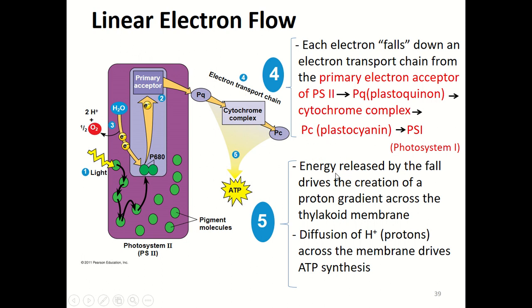Energy that is released by the fall of the electron will create a proton gradient, from high concentration to low concentration, and then after all the electrons are transported, this part inside the lumen contains a high concentration gradient of H plus ion, and the diffusion of H plus ion through the ATP synthase will drive the ATP synthesis.